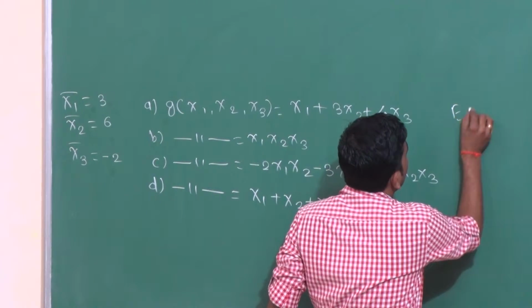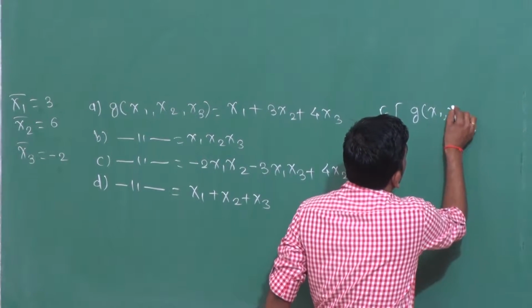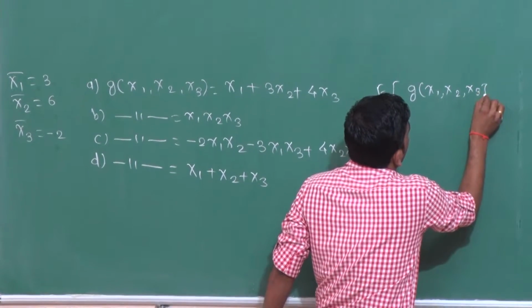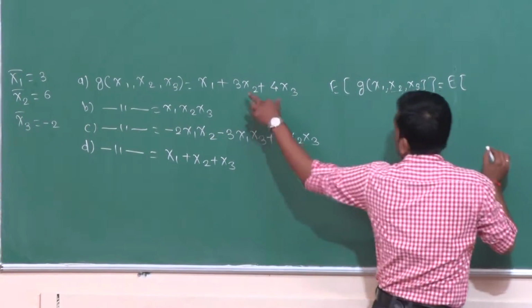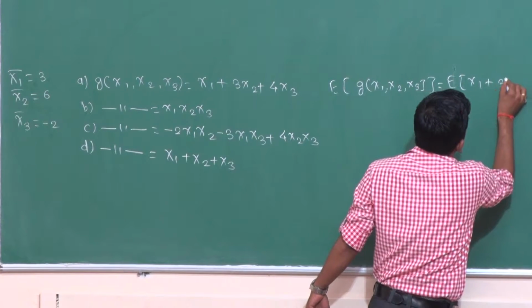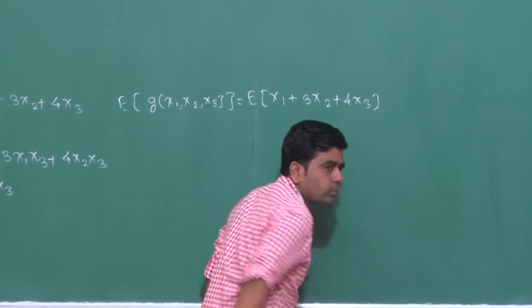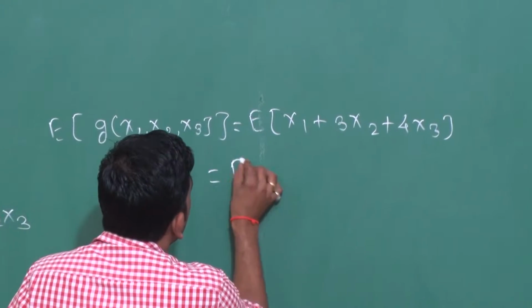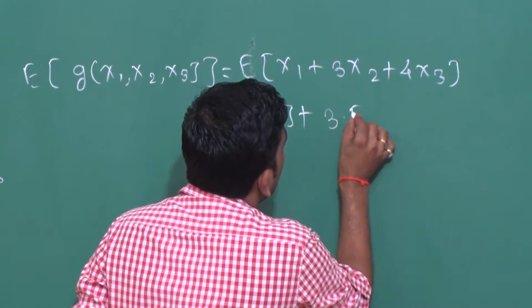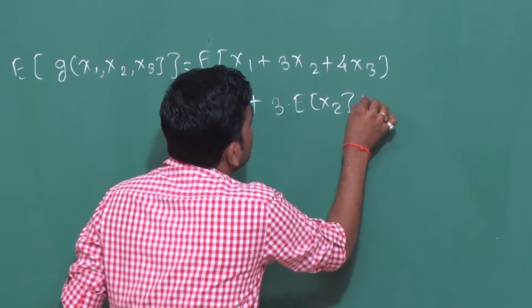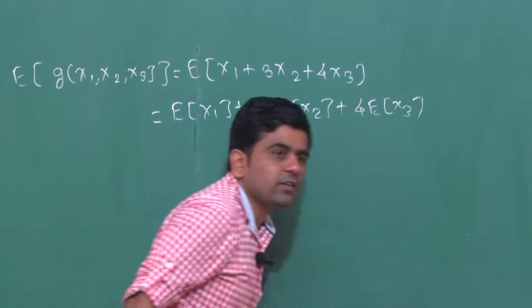Here we will get expected value for this function g of x1, x2, x3 that is equal to expected value for this one x1 plus 3x2 plus 4x3. So we will get expected value of x1 plus 3 into expected value of x2 plus 4 into expected value of x3.